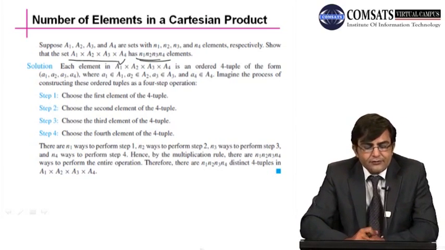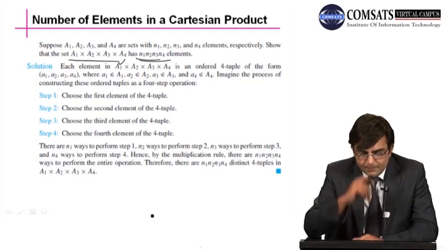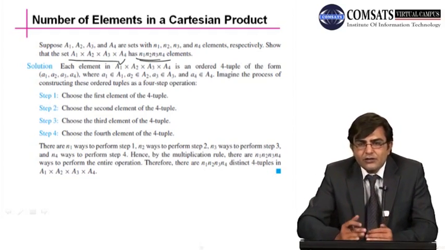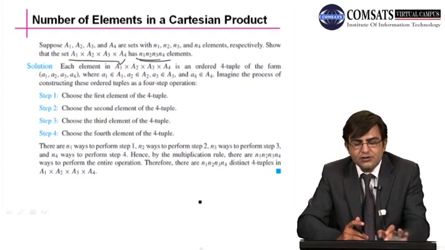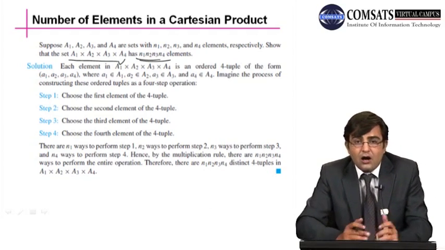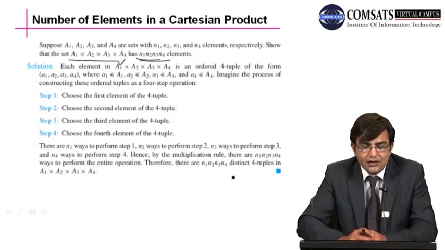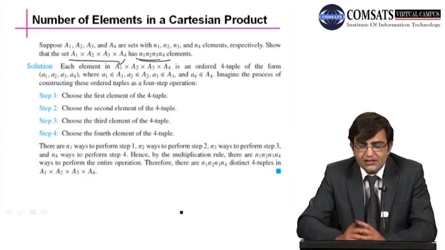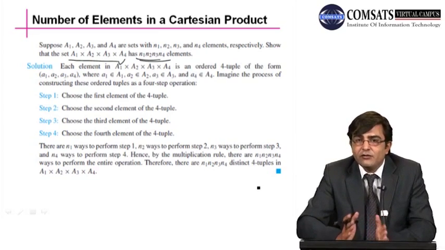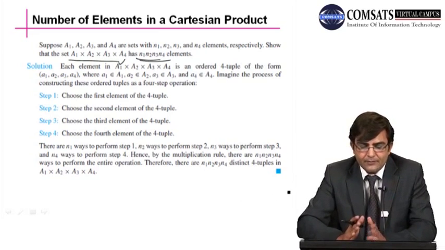Now imagine the process of constructing these ordered tuples as a four-step operation. In the first step we choose the first element, which belongs to the first set. How many possibilities are there? This is n1, because there are n1 elements in the set A1.